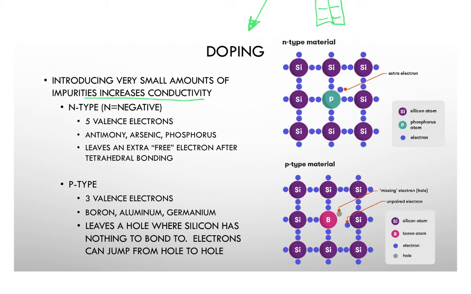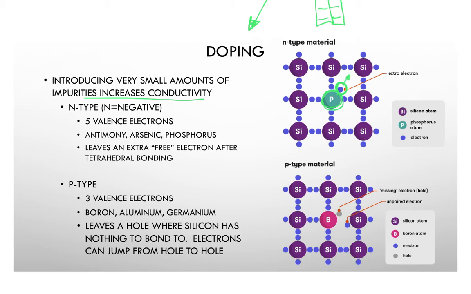In one particular case, we could take and put a phosphorus atom into a silicon semiconductor material. If I do that and I get my tetrahedral bonding, it leaves me with an extra valence electron that's sitting there. That valence electron is very easy to delocalize.